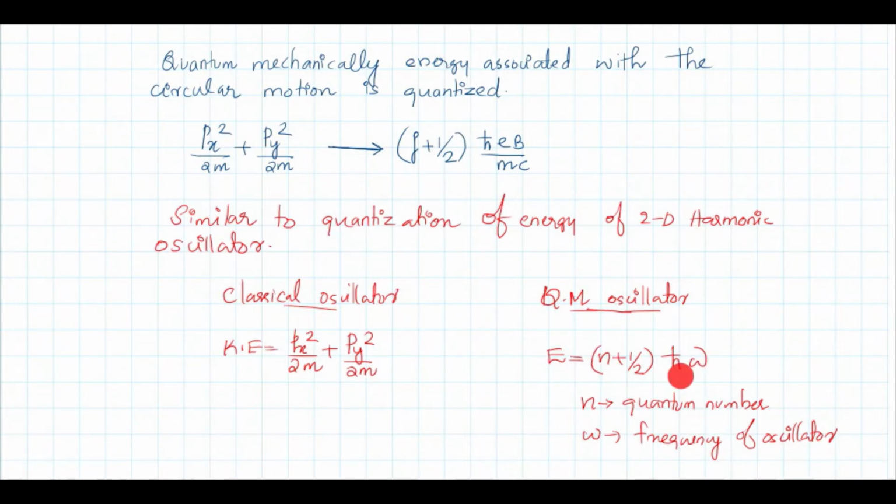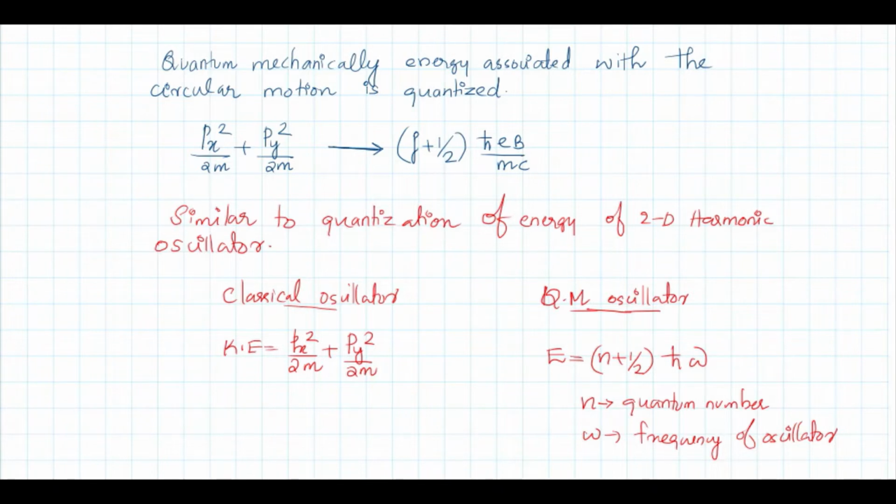And in an exactly similar manner, here instead of the frequency of oscillation, we have frequency of rotation eB by mc. So replace this omega with eB by mc, and for the quantum number we use the letter j. Here again j can take value 0, 1, 2, 3, etc. So the motion perpendicular to the direction of magnetic field, that circular motion, the energy is quantized.